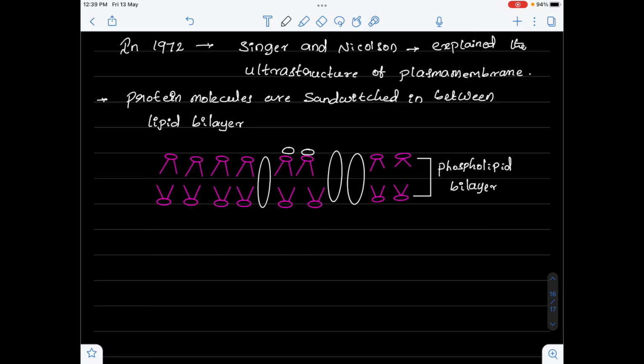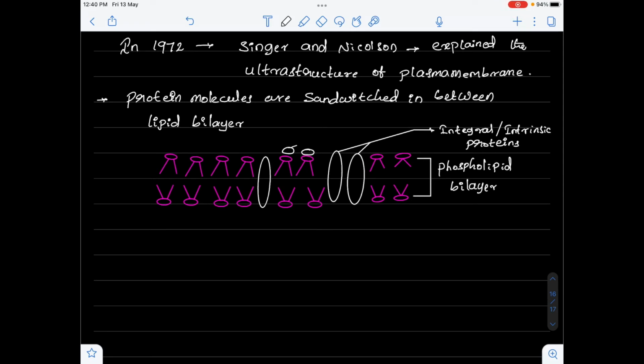In between these phospholipid bilayers, integral or intrinsic proteins are present. So these are integral or intrinsic proteins.